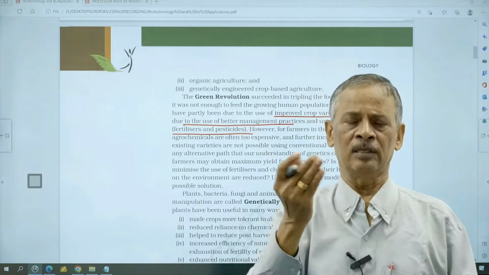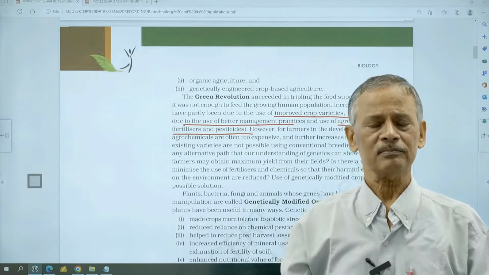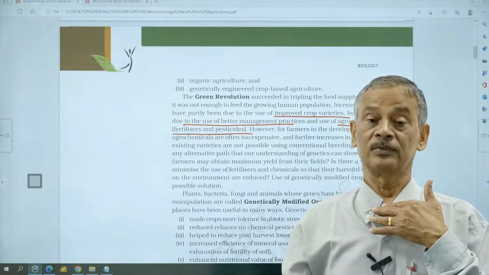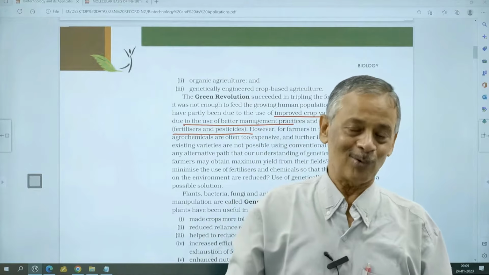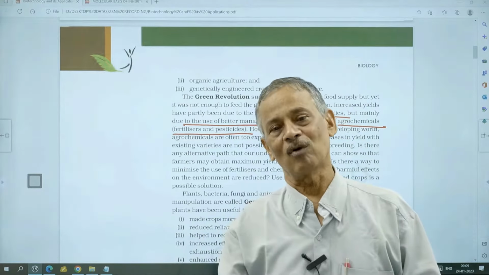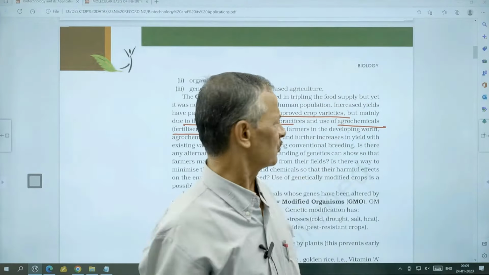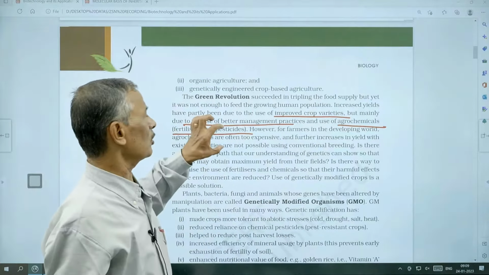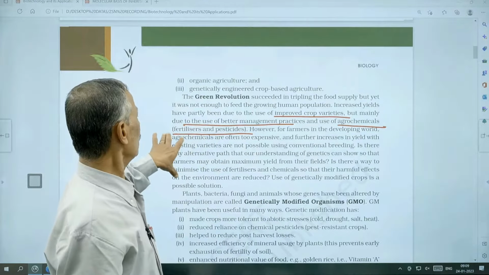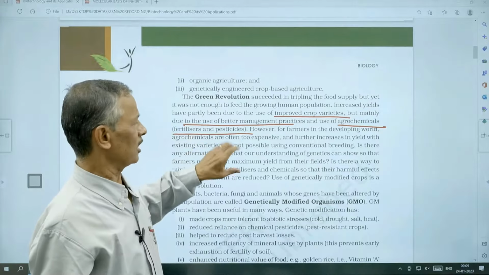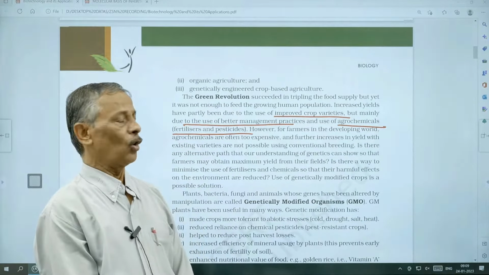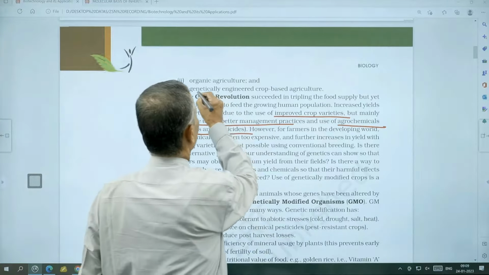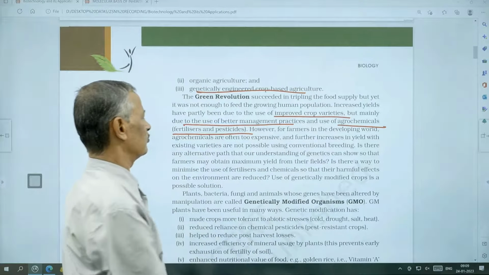Ultimately, they will be boomeranging. We ourselves are damaging our own body, our own health, and our own environment. So we have recognized this. Okay, so we cannot depend on agrochemicals for increasing agriculture, and we can only have genetically modified organisms used.